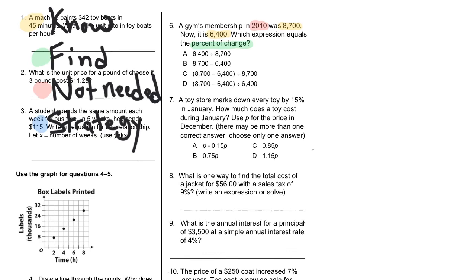It's just the year. Okay? And so let's figure out percent of change. So we're going to need to know how to find percent of change. And if you've got your cards, you would know this, but it's going to be difference divided by original amount.